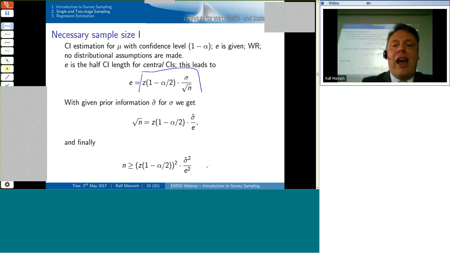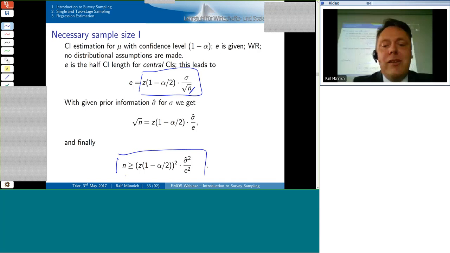Then the error should not exceed a certain threshold. And having that, we are extracting the sample size. And if we then extract the sample size and reformulate that, we get the minimal sample size, knowing that half length of the confidence interval should not exceed our error margin here, and that's where we get the minimum sample size.